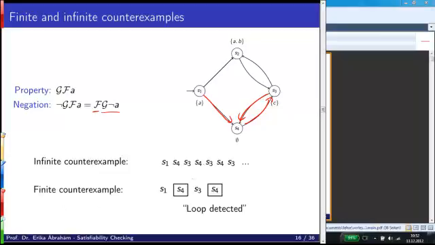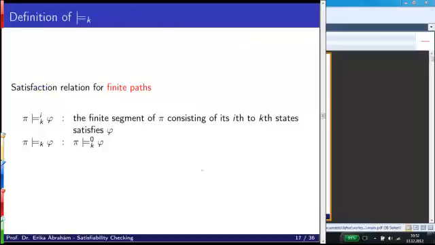And we can observe that this infinite counterexample can have a finite representation because you have a loop from S3 to S4 and back. So basically this prefix can already be used to encode this infinite counterexample.